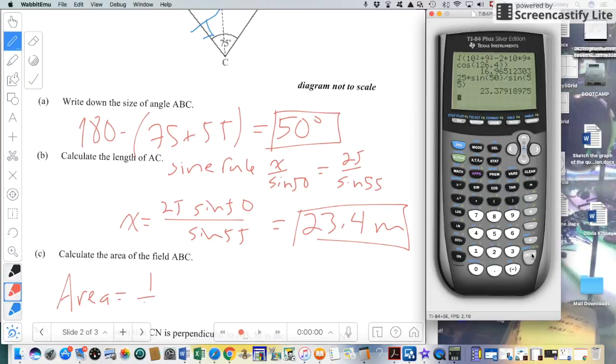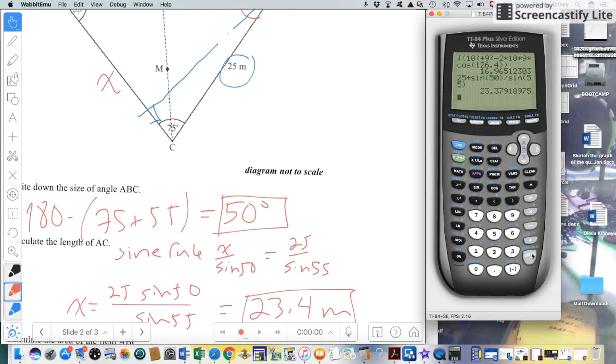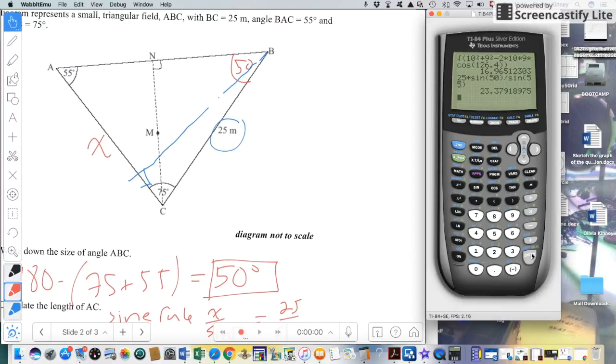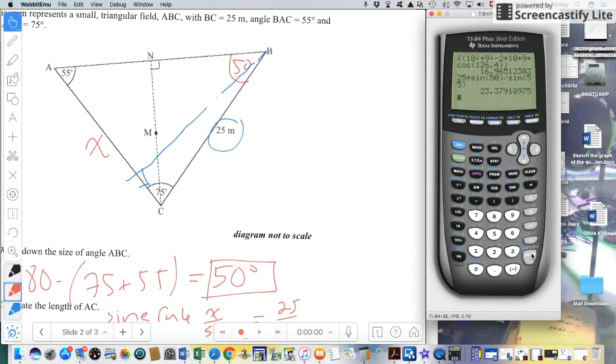So 1/2 times 25 times 23.4 times the sine of that angle up there that we're going to use. Actually, we're going to use 75. We're going to use 75 for our angle.